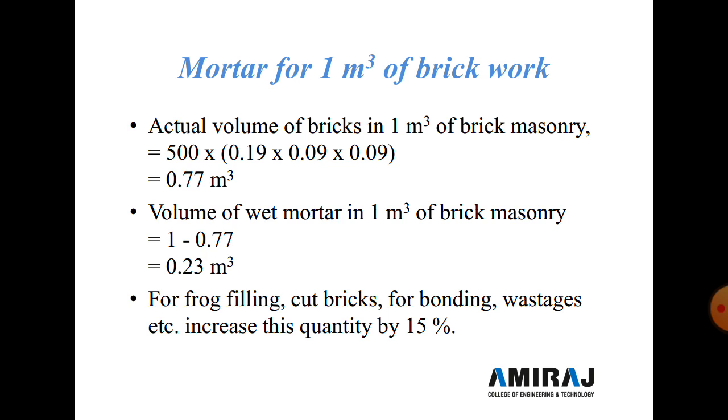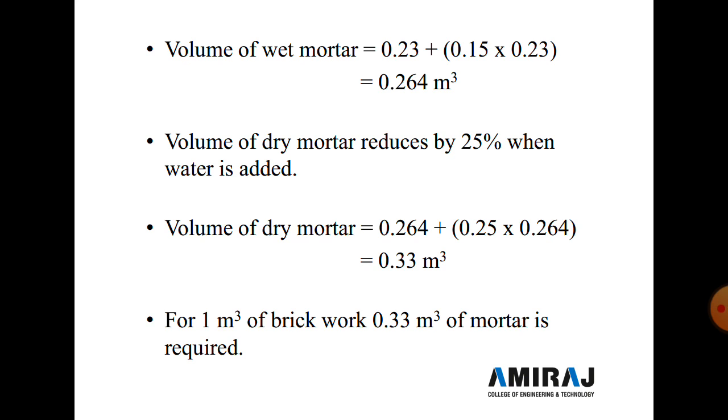So we add 15%, that is 0.15 multiplied by 0.23. The summation value of the wet mortar volume is 0.26 meter cube. It is the volume of wet mortar, not dry mortar.